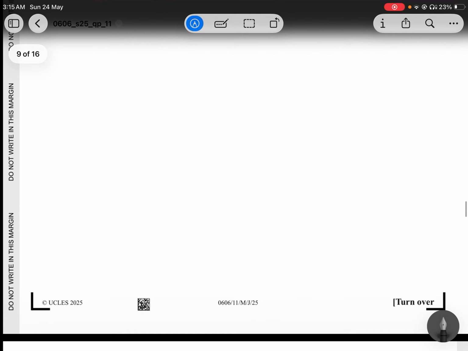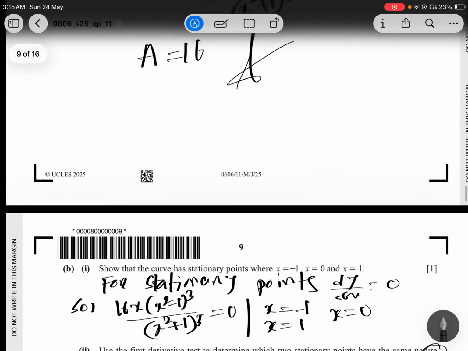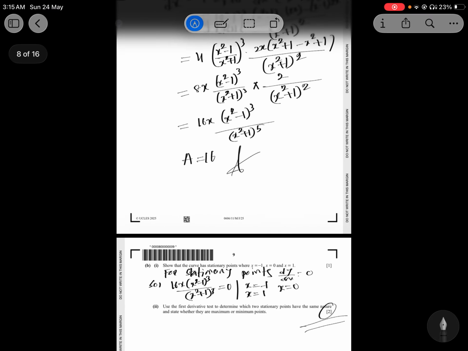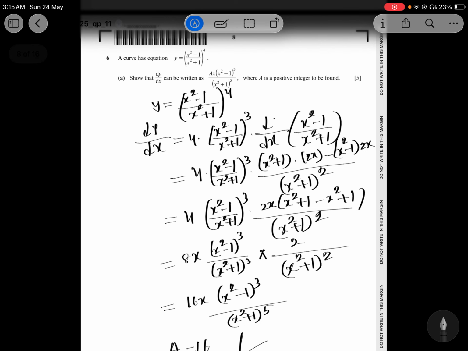What is the question? Okay, use the first derivative to determine which two stationary points have the same nature. Let me think.